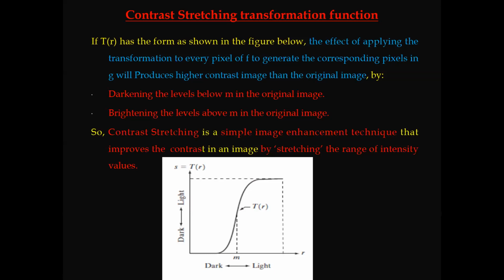Here, how it is performing, the values below this m are darkened. The values above this m will be brightened. This is the function of contrast stretching transformation. With this contrast stretching transformation, we can enhance the image quality. The contrast of an image can be improved.